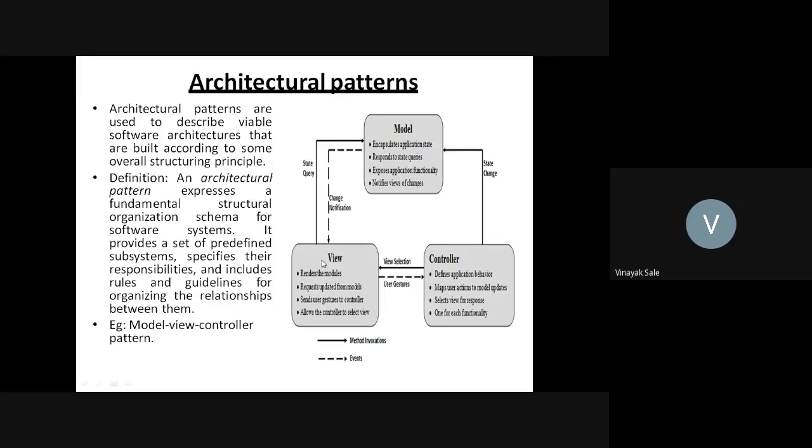The customer states a query to the model. If the customer does not get the required or expected result, then the model should be changed, or a change notification is sent from the model. Or the customer realizes there may be a need for some changes, so the customer communicates to the designer, that is, to the controller. That is the user gesture.